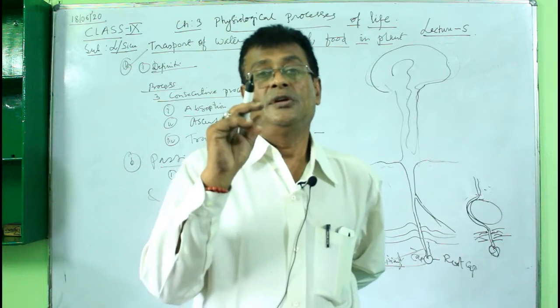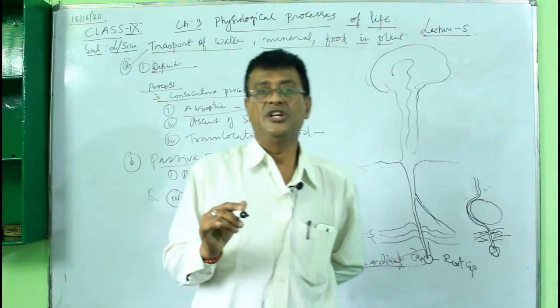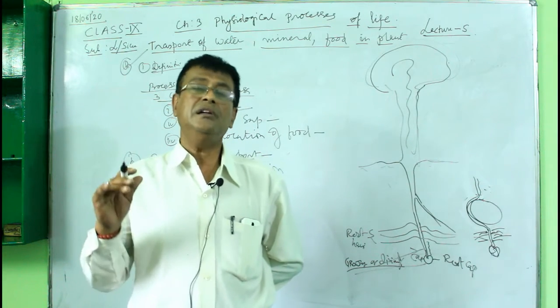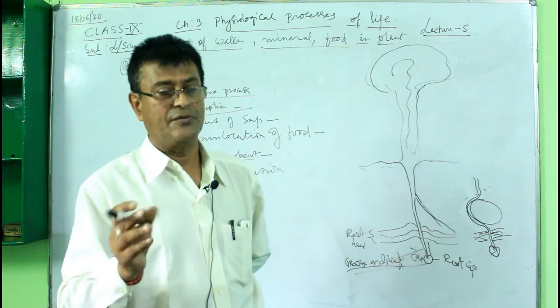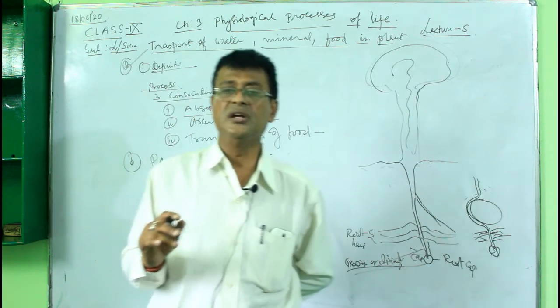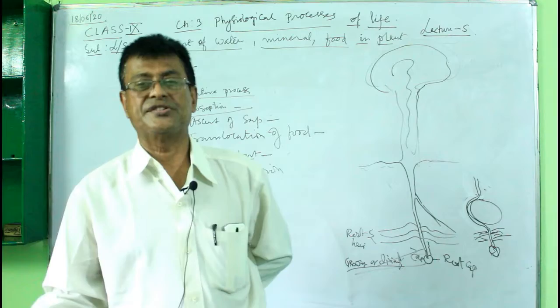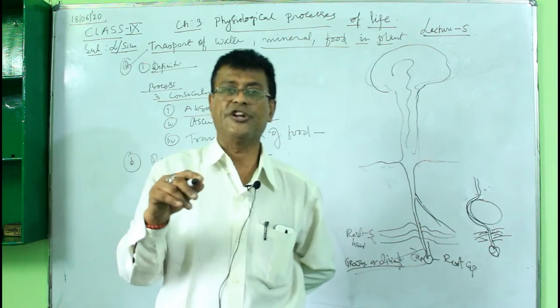One is osmosis, another is diffusion. Usually by the diffusion process the minerals are transported, and for osmosis there are two kinds: one cell to cell osmosis, and osmosis from outside the cell into the cell. There are three kinds of solutions: hypertonic, hypotonic and isotonic.